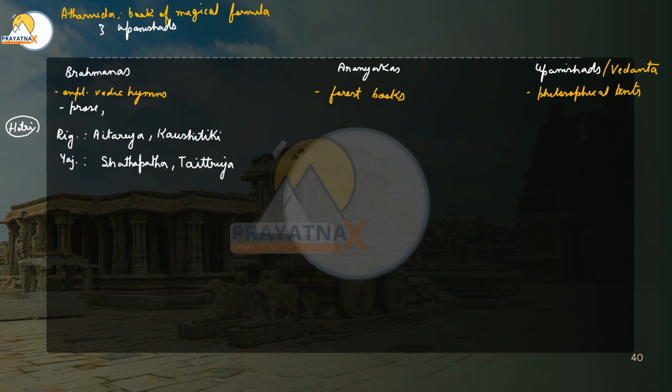The Shatpath Brahmana contained commentary on the Shukla Yajurveda, whereas Taittiriya contained commentary on Krishna Yajurveda. Now, the Shatpath Brahmana is believed to be written by Maharishi Yajnavalkya.